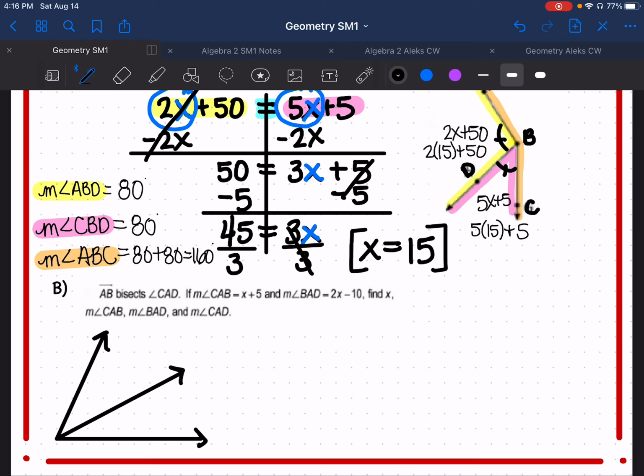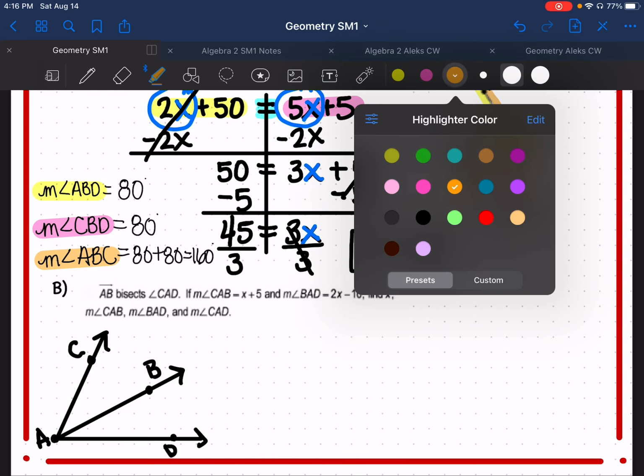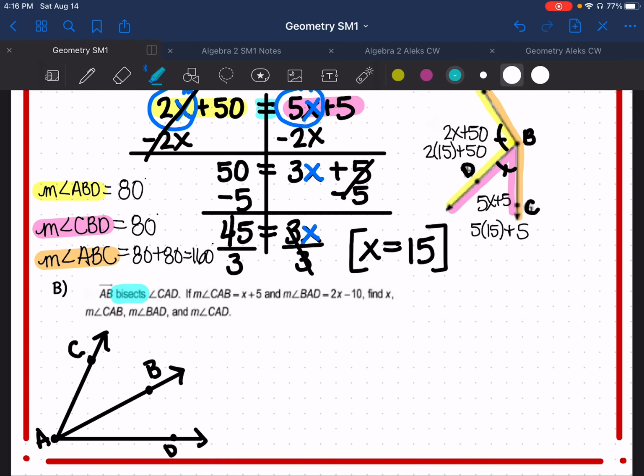But we do know that this letter right here is going to be A, this is going to be C, this is going to be D. Of course, we could have flipped those. And this right here is going to be B. We also saw the word bisects.